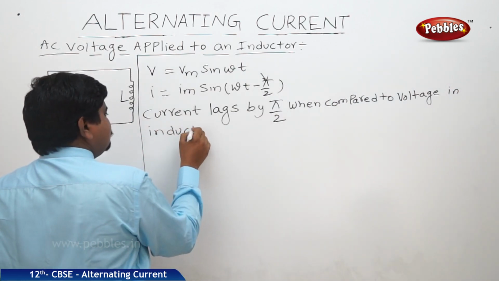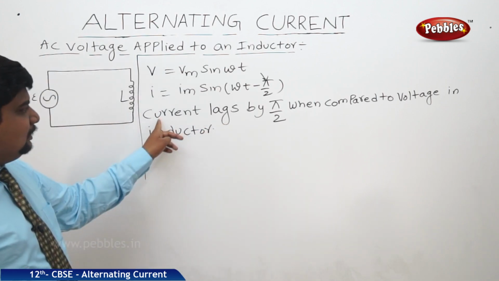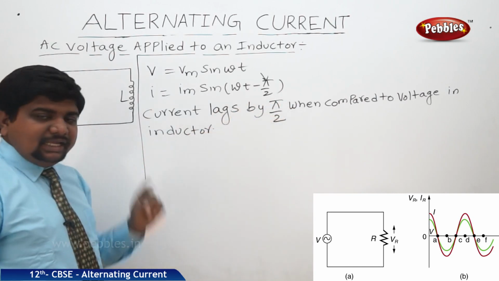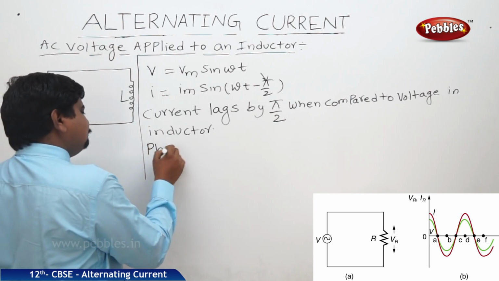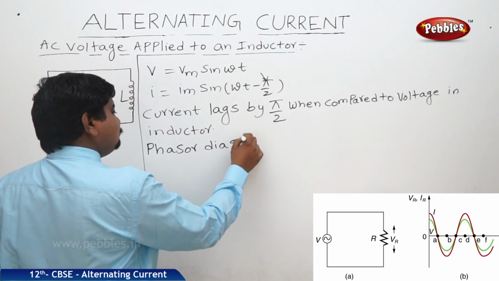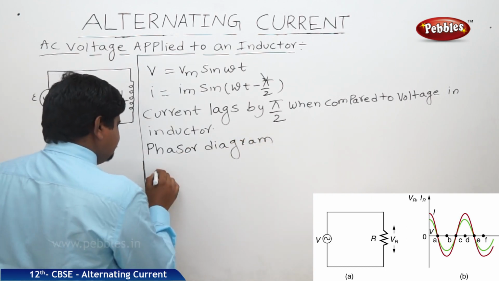So when an AC voltage is applied to the inductor, the current passing through the inductor lags by pi by 2 with respect to the AC voltage across the same inductor. So what is the phasor diagram? The phasor diagram is like this.